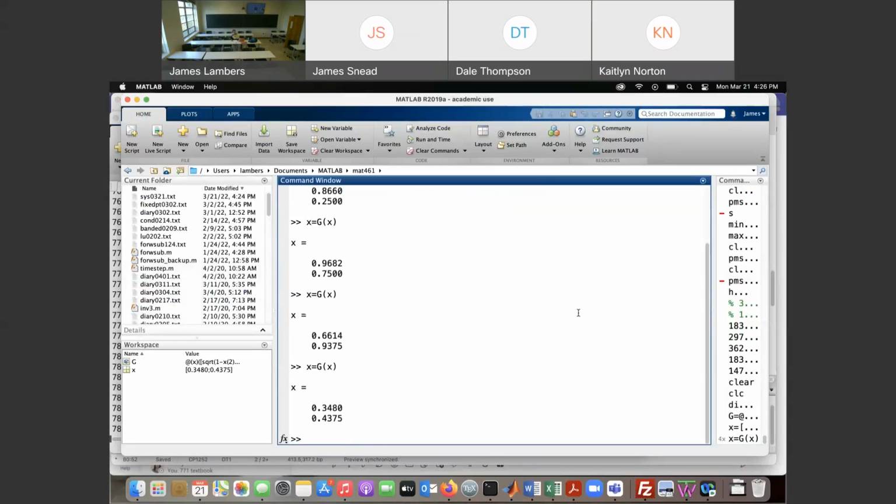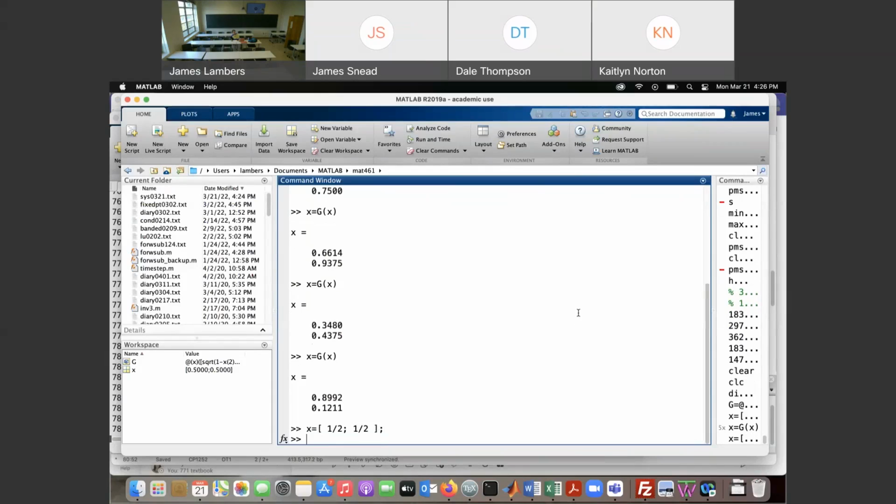If you look at each individual component, it's kind of bouncing around. Okay, actually, hang on. What I'm going to do is set it back to this, because I want to show this. So x equals g of x, and I'll plot x1, x2 with a circle.